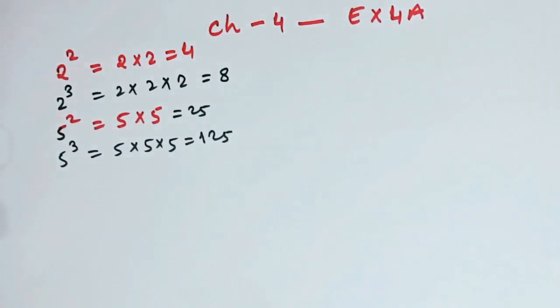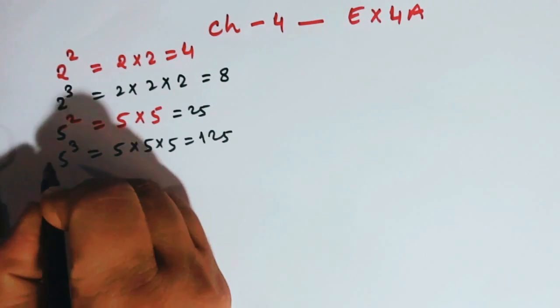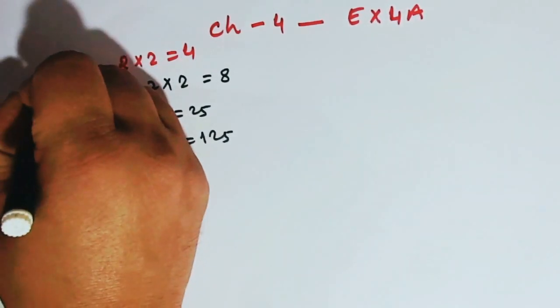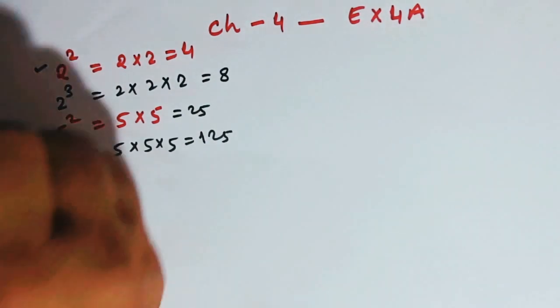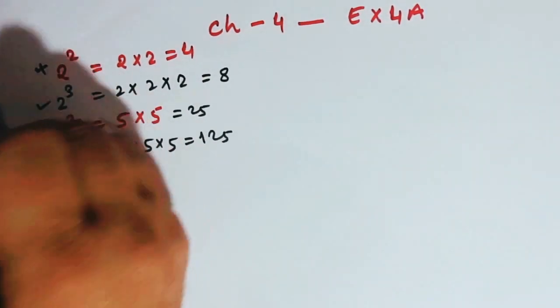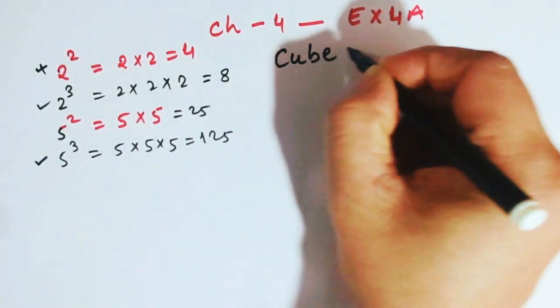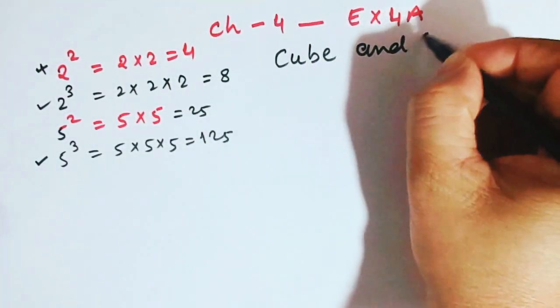Okay, so if a number is raised to the power 3, we say that we are finding its cube and cube root. So we are dealing with cube and cube root.